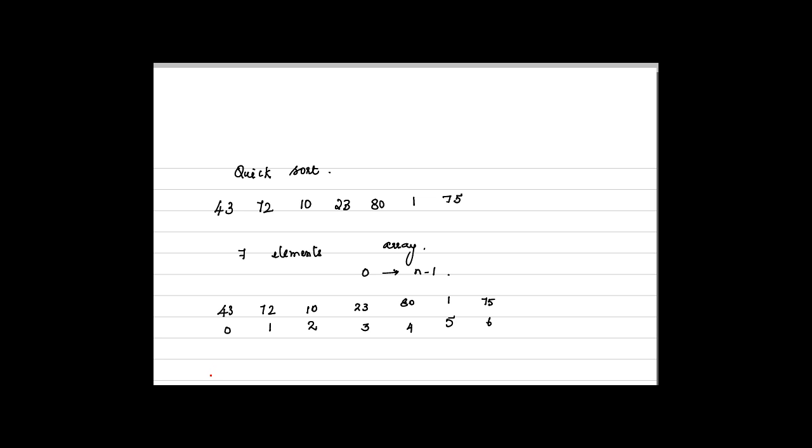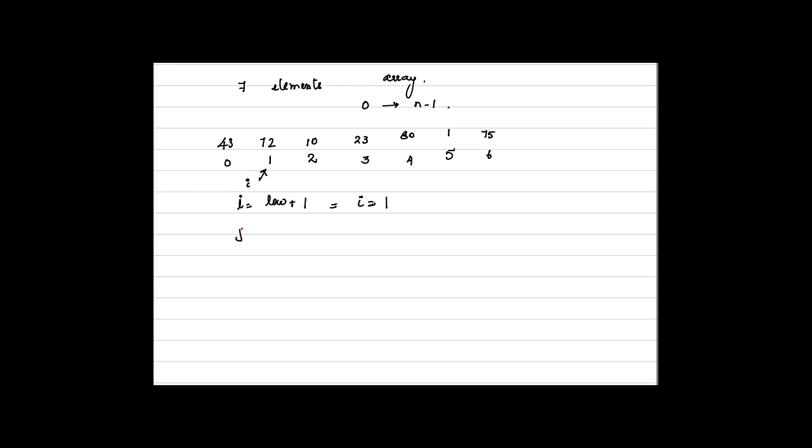As per our algorithm, we have assigned I is equal to low plus 1. So the low is 0, so I will be now assigned to 1. So index I will point to the array index 1. J is equal to up, means at the high end.